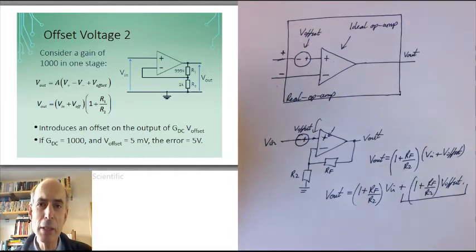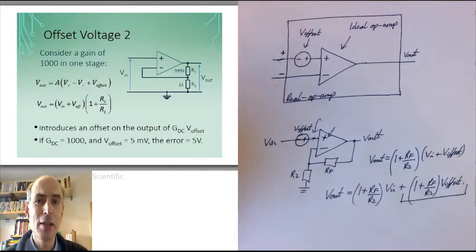Now that can be a serious problem if you have too much gain in a single stage of your op-amp. And we commonly do have very large gains if we're trying to amplify up the small output of a sensor, for example. It's quite possible that we will want to have a gain of around about 1,000 or so.